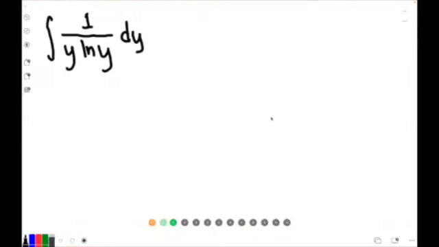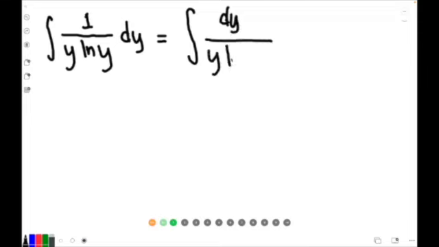This is our integral that we should solve for now. Solving this one, we should first write it into a clearer form. So let's transform it as dy all over y ln y.